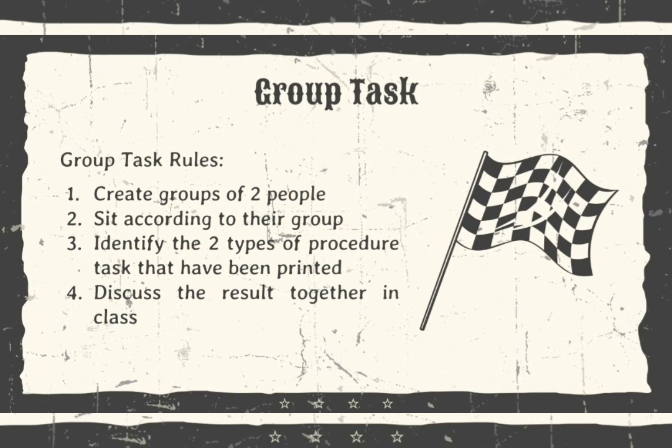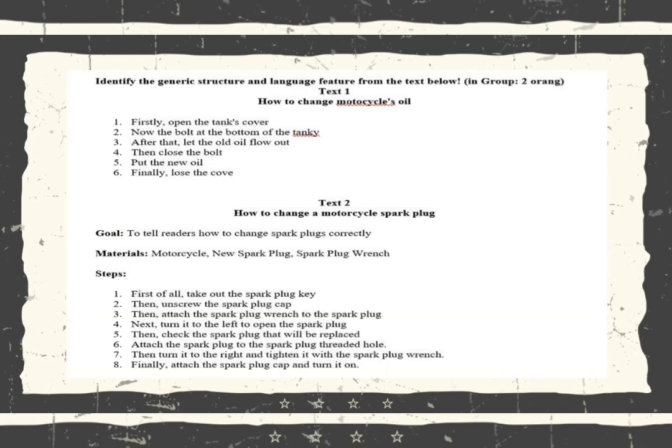And the last one is you discuss the result together in class, maybe on another occasion. This is the text that you have to identify together with your pair. And we will check the answer in the next meeting.